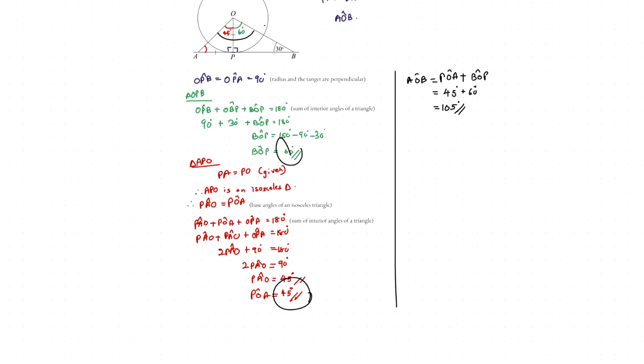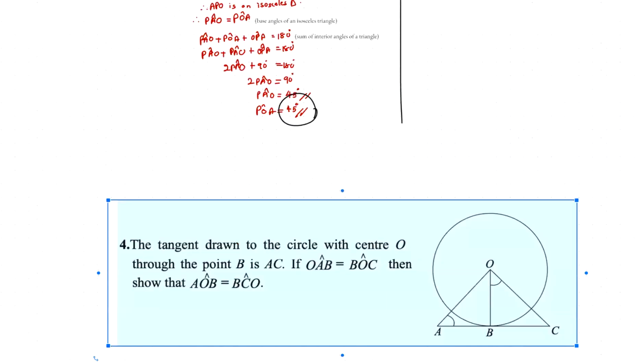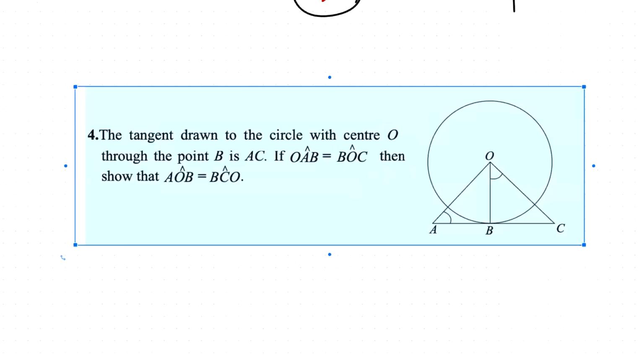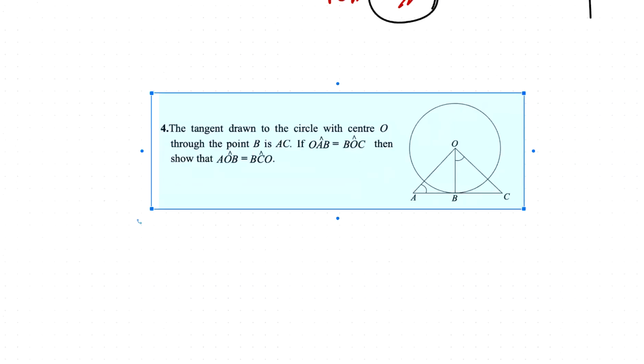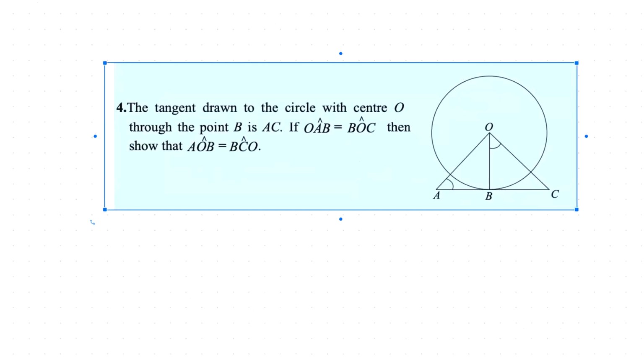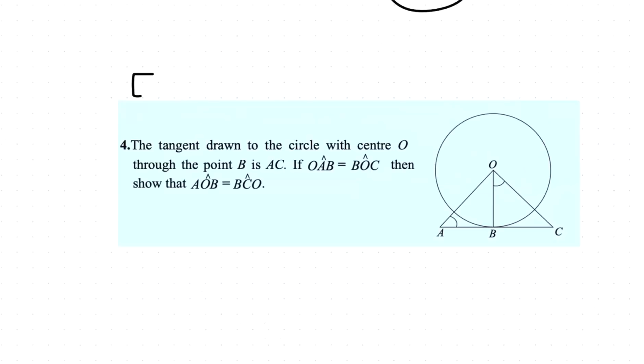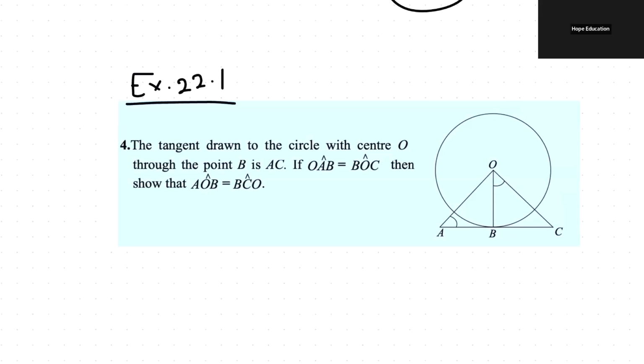This fourth question, I will move this to the whiteboard. This is on page 84, exercise 22.1. This is actually not that difficult, I think you will be able to manage it pretty easily. Let's try. Apply the theorem you learned about tangents along with the others and try to do this quickly. Let me know once you're done.